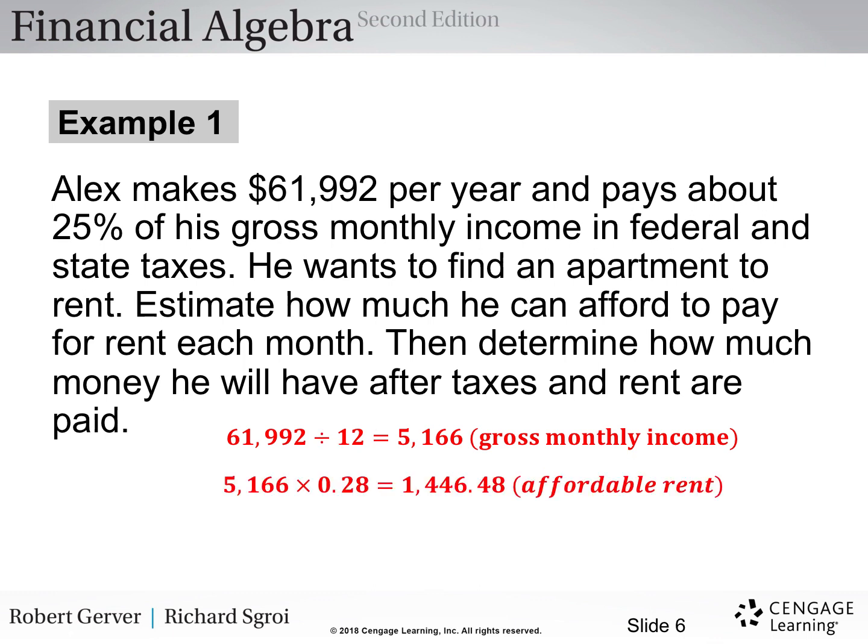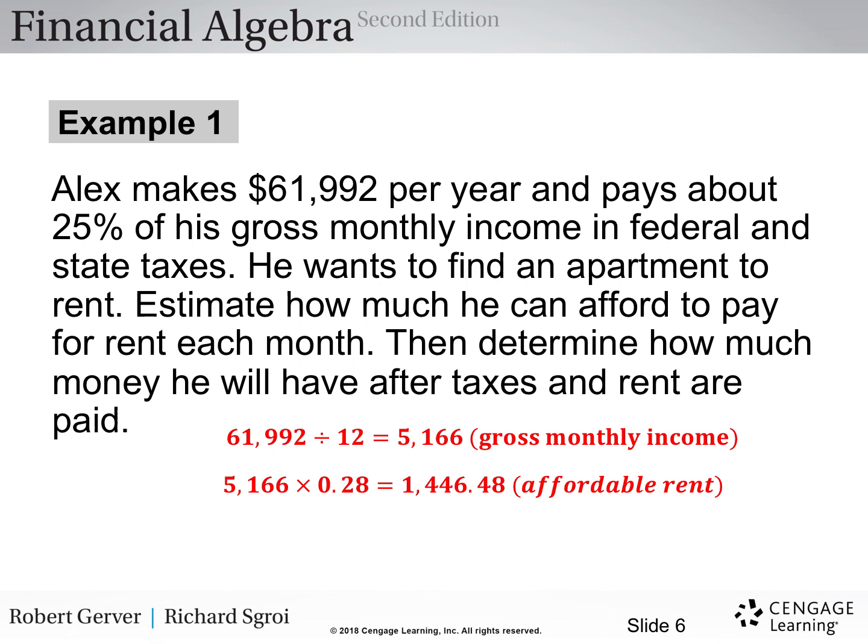Now, we're going to look to see how much he can afford to pay for rent each month. There is a rule of thumb that one should, as a maximum, only pay between 25 and 30% of their gross monthly income on rent.